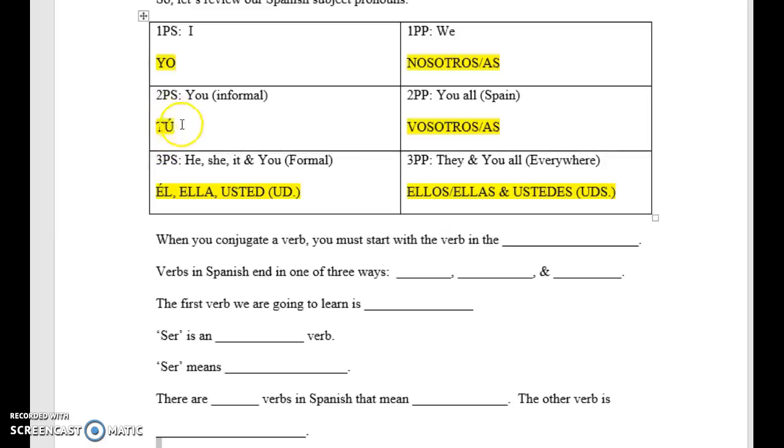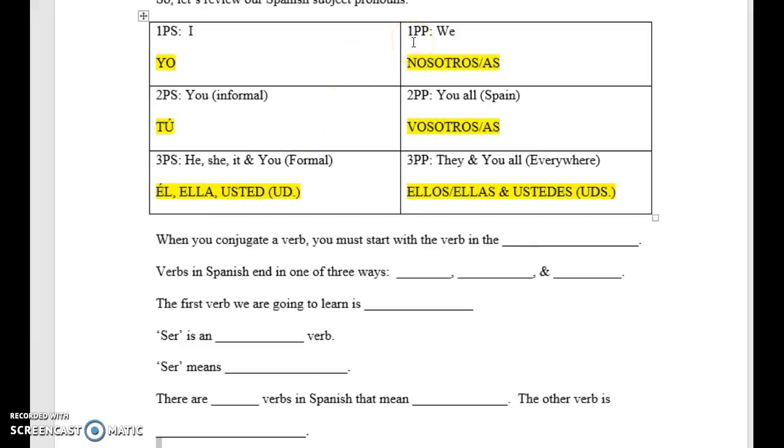Don't forget the accent mark above the U on tú. Our third person singular, the he, she, it, and you formal box, also called the shy box, is él means he, ella means she, usted means you formal, and then remember that there's no subject pronoun for it.